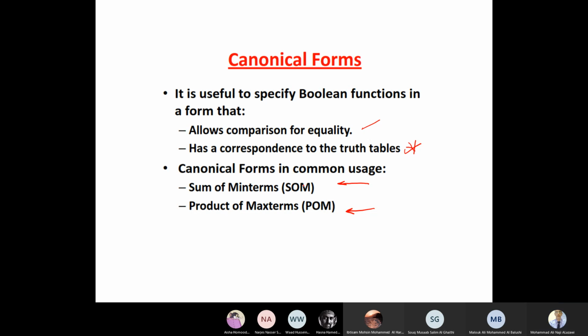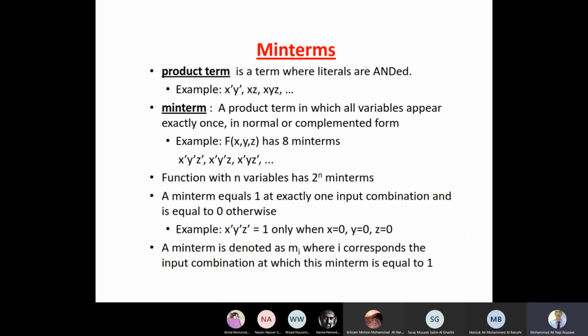Remember, sum of min-term means I have terms linked with a plus. Okay? Product of max-term, I have terms that are ORed together and linked with product. Okay? So I'll show you how to do this.